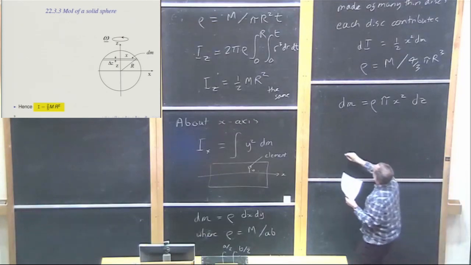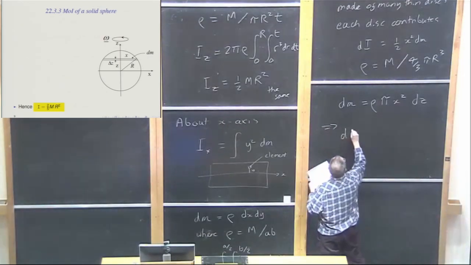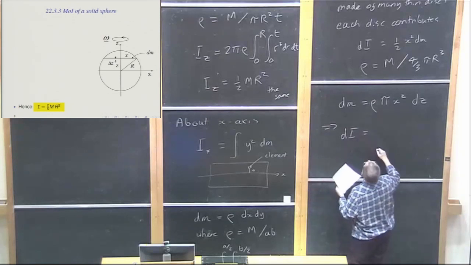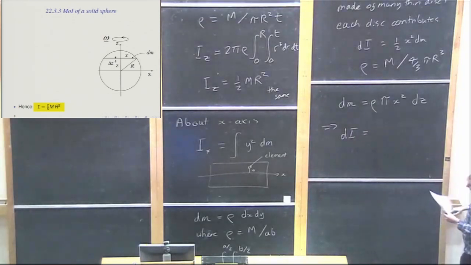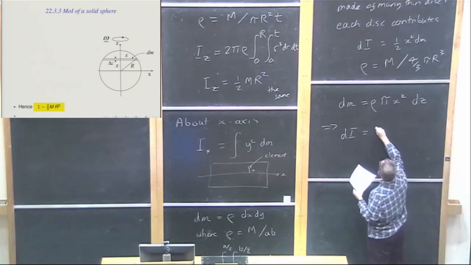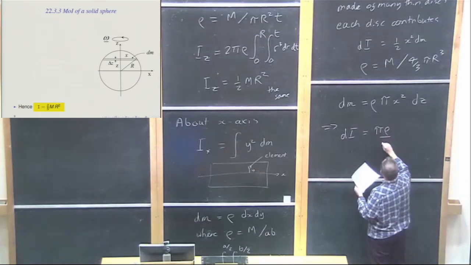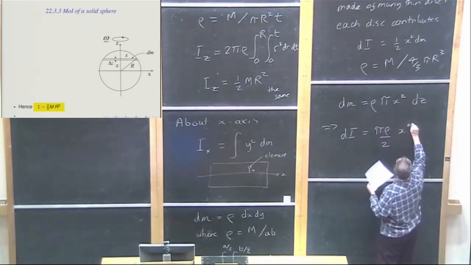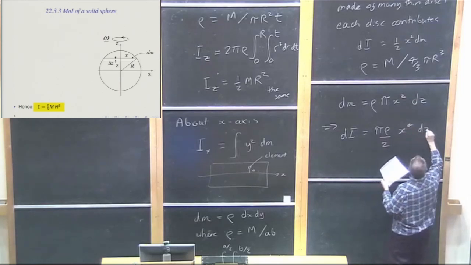So dI can be rewritten, substituting that in, as pi rho over 2 x to the 4 dz.